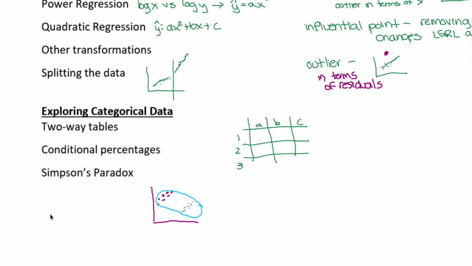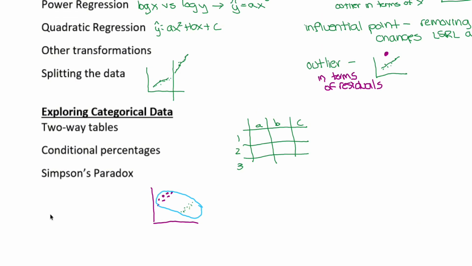They will probably just give you 2 ways of creating a model to find the line of best fit of our data. And if they are counterintuitive or opposite to each other, then that's a good hint for you to think about Simpson's paradox.